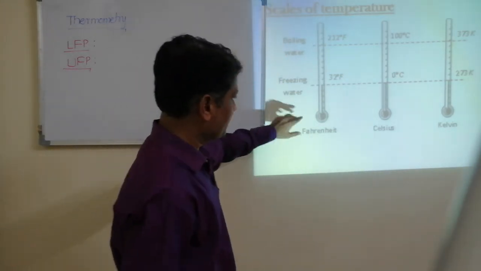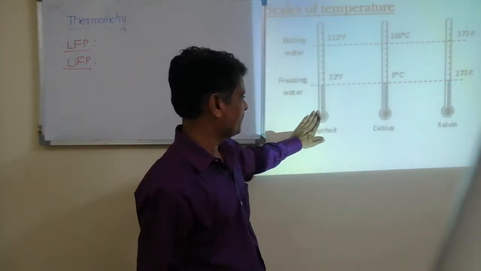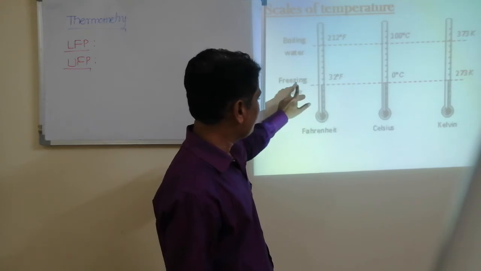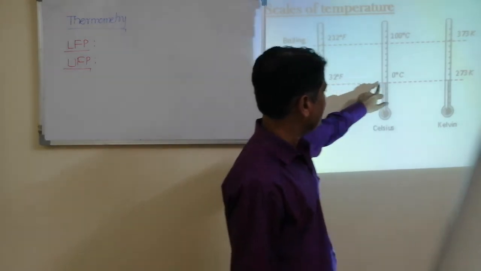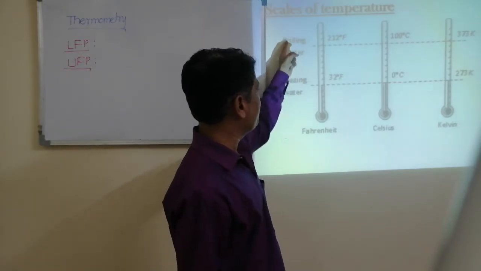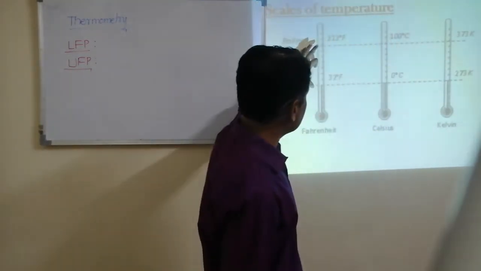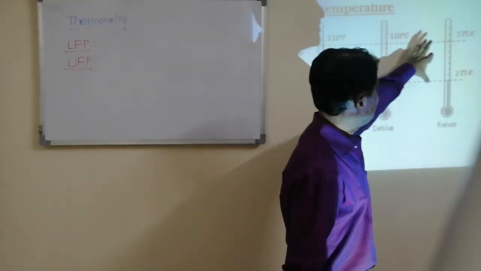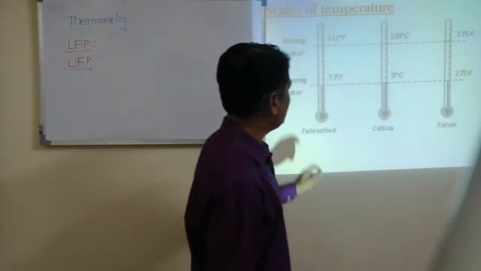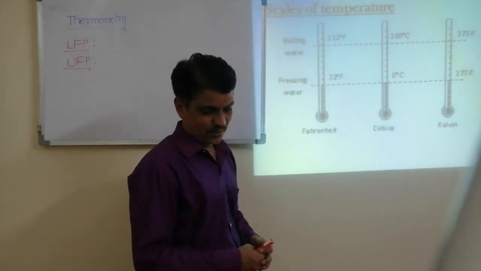If you look here, we have taken, say, a mercury thermometer. Here the lower fixed point level is the same for all three scales, and the upper fixed point is also the same. The only difference is the number of divisions between the lower fixed point and upper fixed point.